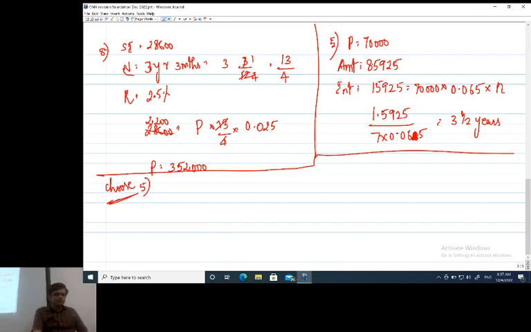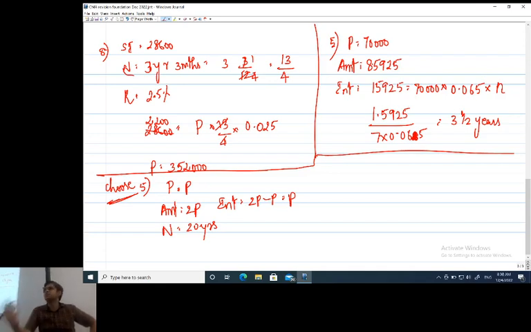A sum of money becomes twice in 20 years at simple interest. How many years will it triple? Okay, so if I am investing P, my amount is 2P, N is 20 years. So interest will be amount minus principal, which is the principal. If I put in 100 rupees and it becomes 200 rupees, what is my interest?